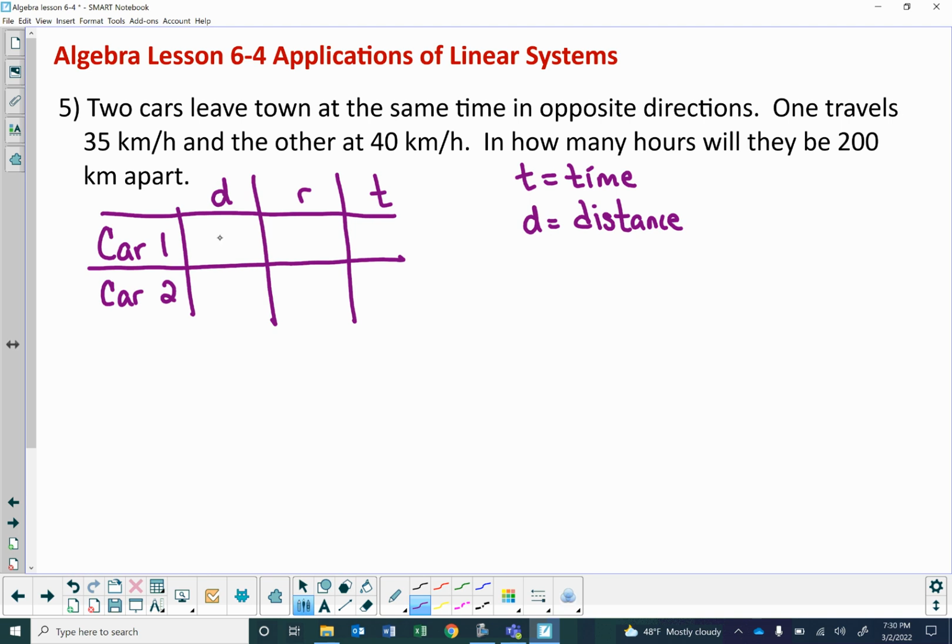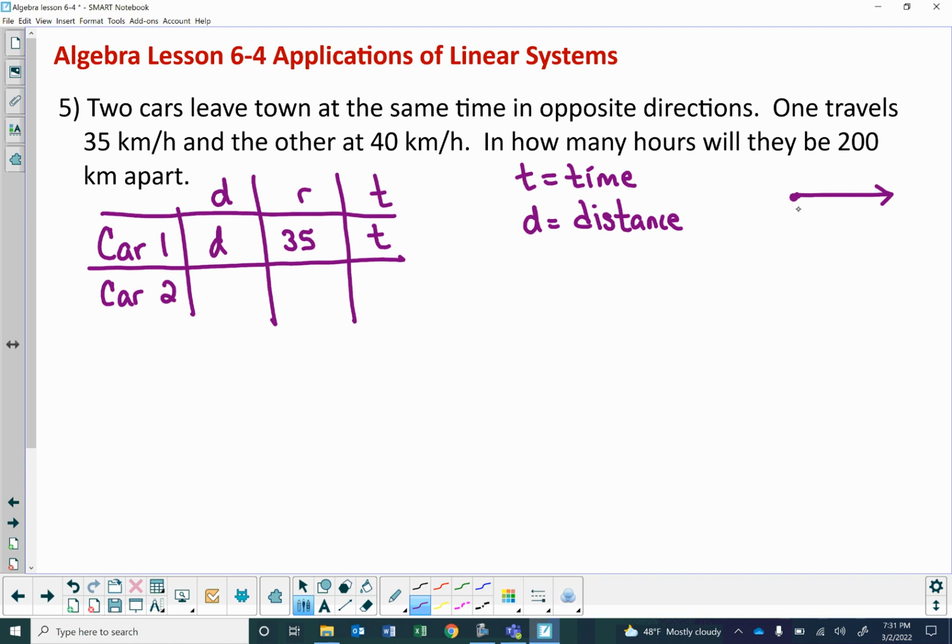Okay. So if my first car travels a certain distance, we don't know what it is. It travels at 35 kilometers per hour. And we do not know for how long it's going to travel, because that's what we're supposed to be finding, t. Car 2 is going to be 200 minus however far car 1 traveled, because remember, the cars are going in opposite directions.